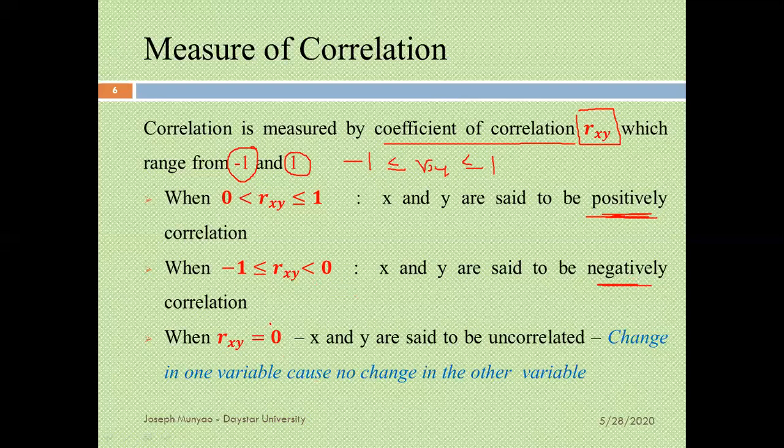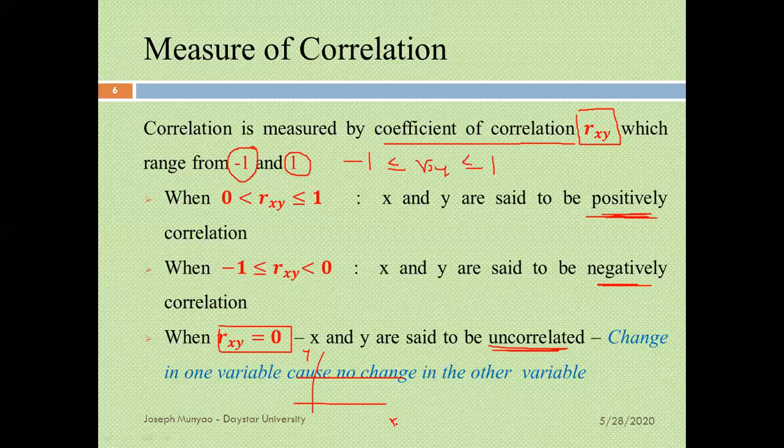When the correlation coefficient is 0, it means they are not correlated. If x is changing and y is not changing, the diagram will look like that. But if y is changing and x is not changing, the diagram looks like that, as earlier indicated.